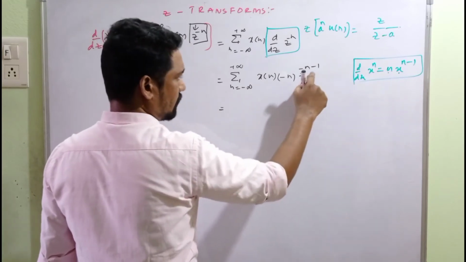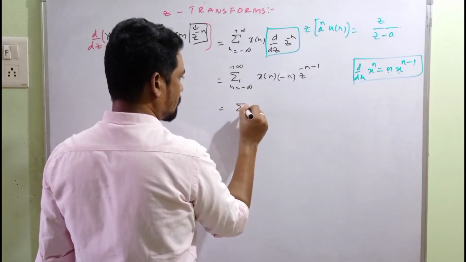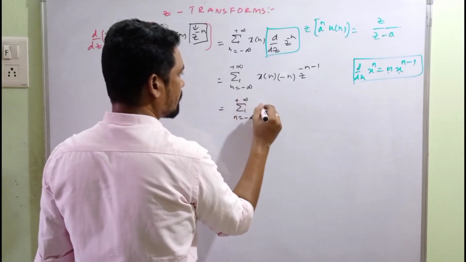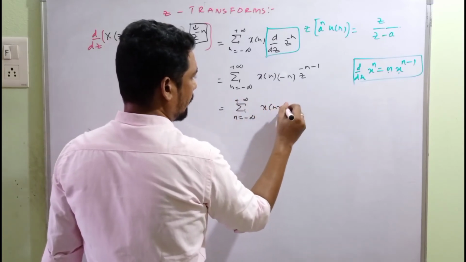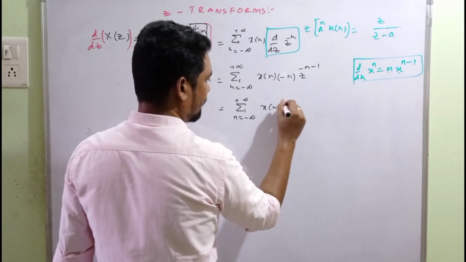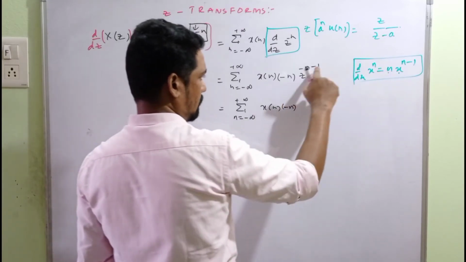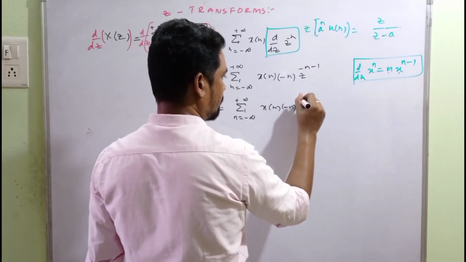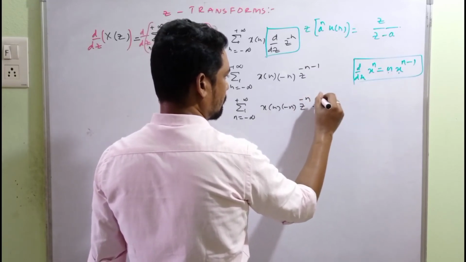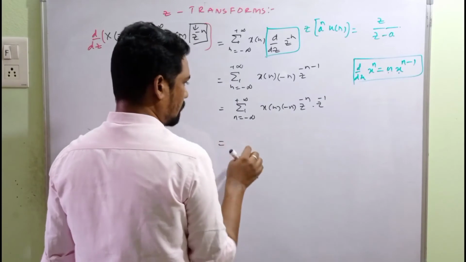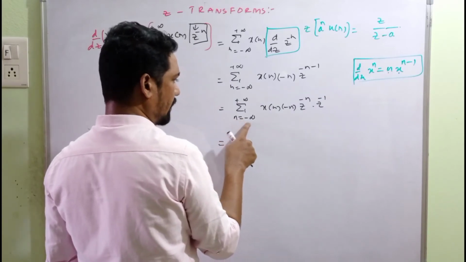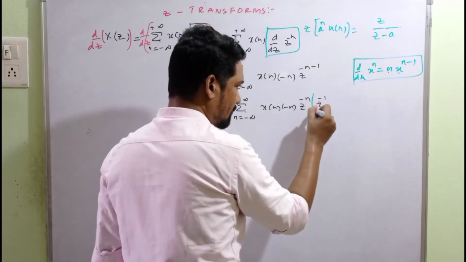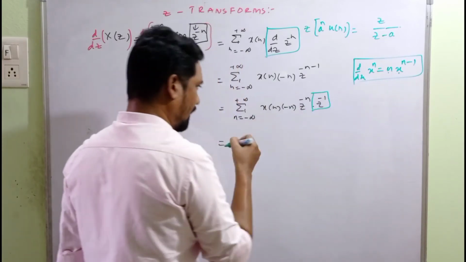Okay, so that's the transformation over here. And this is summation n equal to minus infinity to plus infinity, x of n, and minus n. This can be split, powers are added, right? So this can be z raised to minus n, z raised to minus 1. Summation is for n equal to minus infinity to plus infinity, and z raised to minus 1 has nothing to do inside the summation. No n over here, so that can be pulled out.